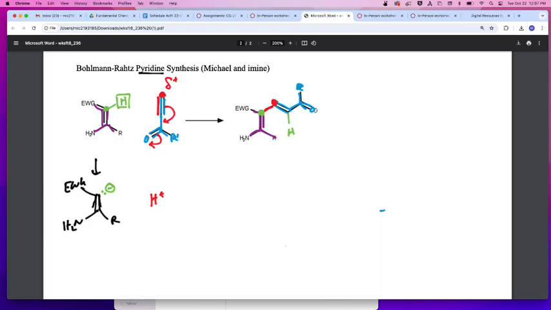It does say pyridine. Actually, I gotta check something. Never mind. Pyridine means something else. Does it say there's a strong base? Okay. If I know that hydrogen must be removed, what does that mean about my green negative carbon? Acid.